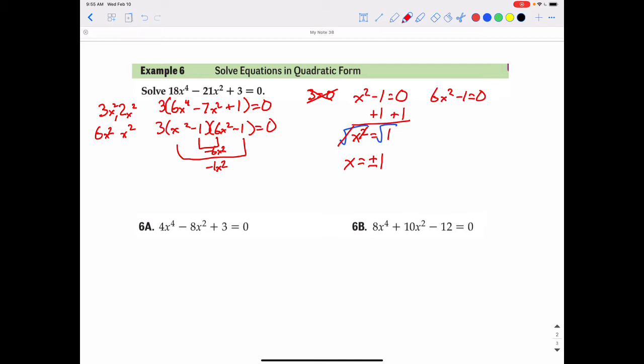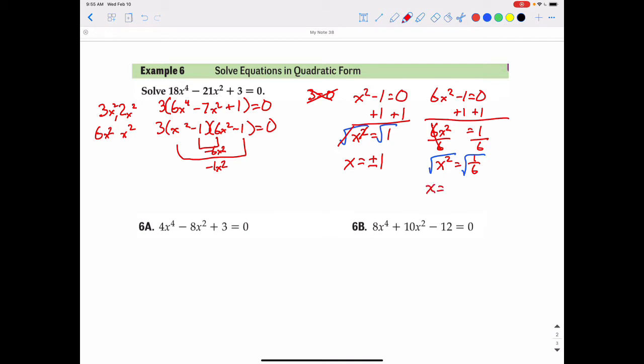We're going to solve 6x squared minus 1 equal to 0 by adding 1 to both sides. So that would be 6x squared equals 1. Then divide by 6. Don't get too antsy about trying to square root just yet. Let's cancel that 6 out first. So that would give me x squared equal to 1/6. And then we would do a square root of both sides. When you square root a fraction, it's just the square root of the top over the square root of the bottom.